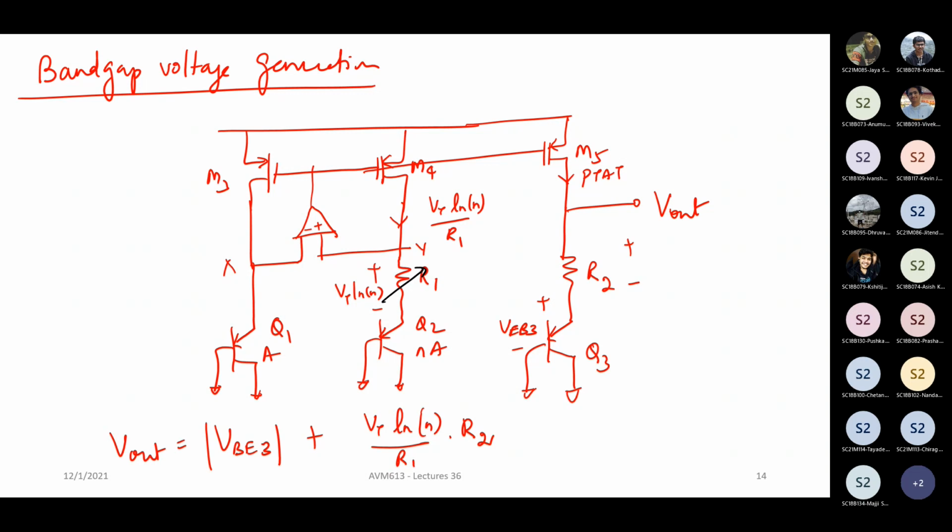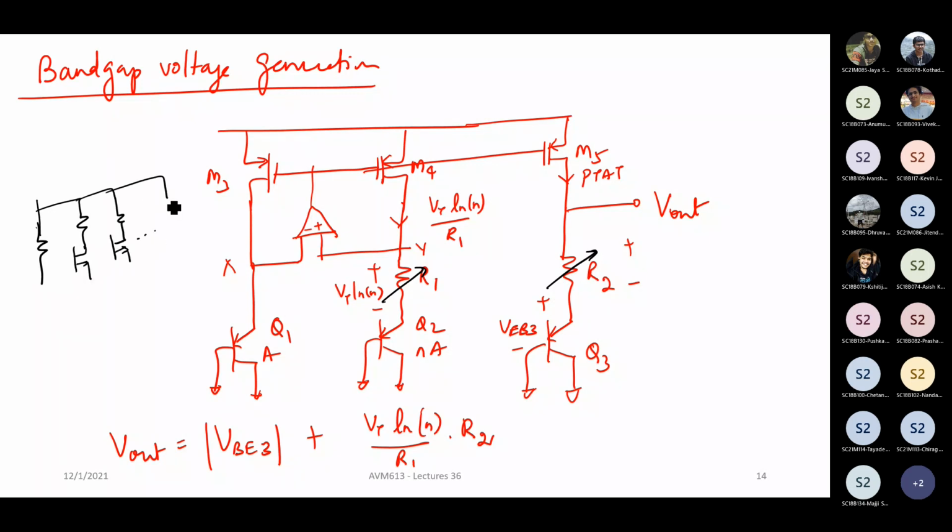So R1 and R2 will be digitally tunable. It will be like a primary resistor, and then you'll have resistors with a MOS switch, like a resistor bank.